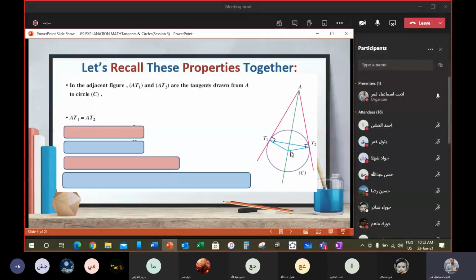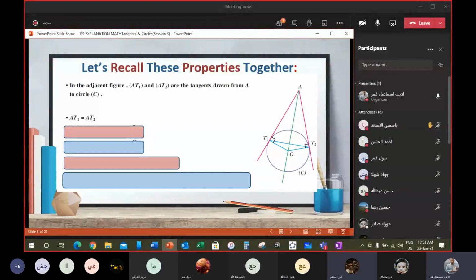So angle AT1O equals angle AT2O equals 90 degrees, by the property of tangency. And AT1 equals AT2, tangent segments. AO is a common side and is the bisector of angle T1AT2.